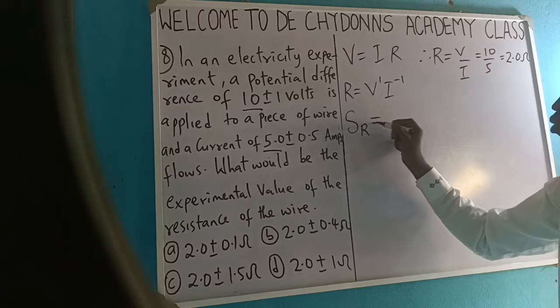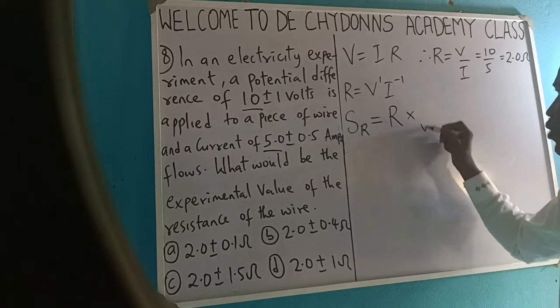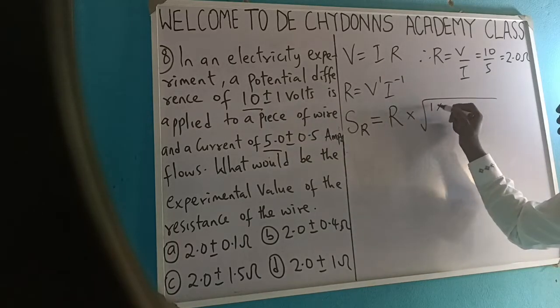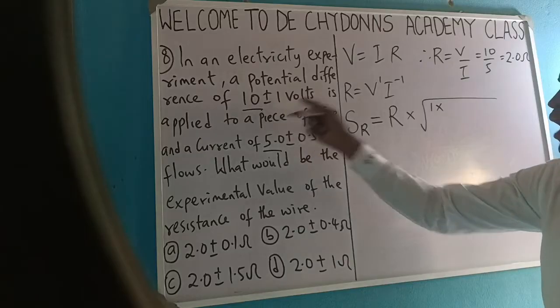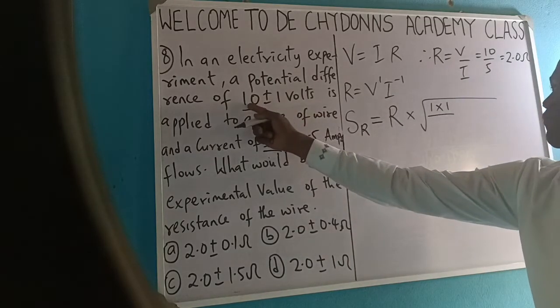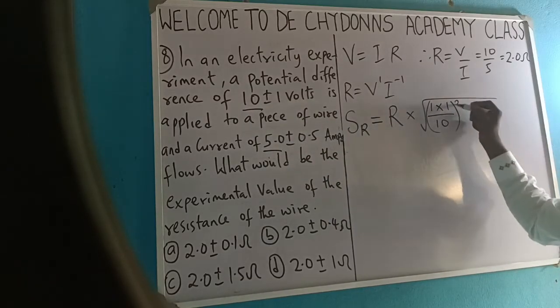And this is equal to R times the square root of: what is the power of this? 1, times what is the error? 0.1, all over what is the voltage itself? 10, we'll square it.